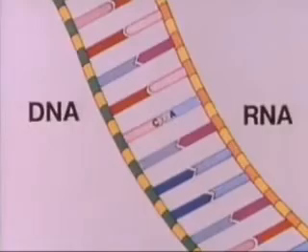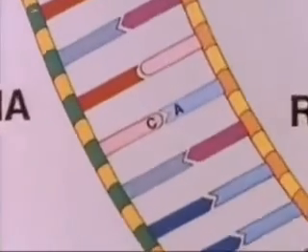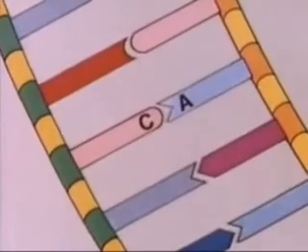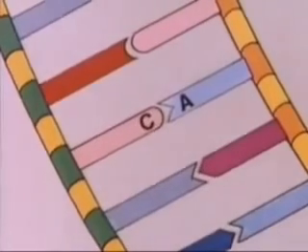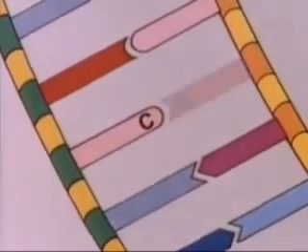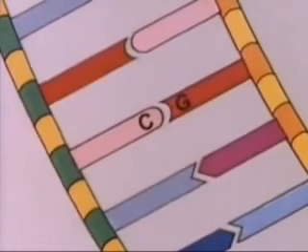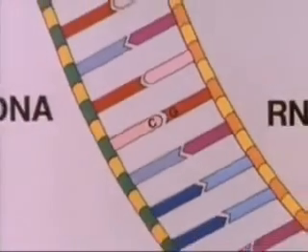This is the messenger RNA chain which the DNA programmed before the change, but it no longer fits because cytosine doesn't link with adenine. The new messenger RNA will have no adenine but guanine in this position.